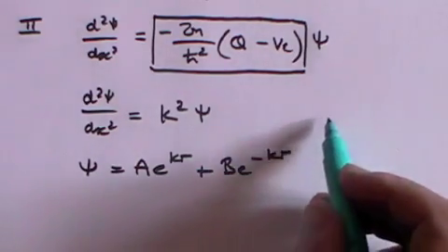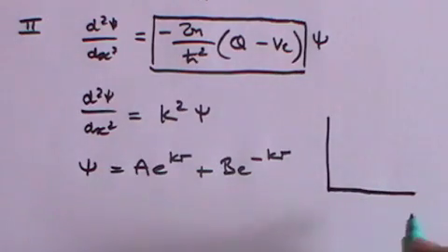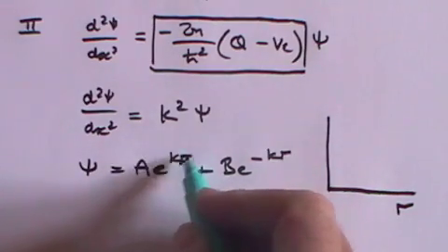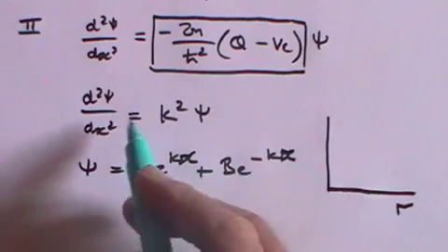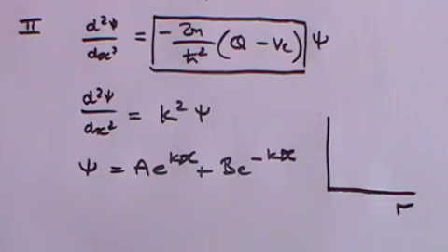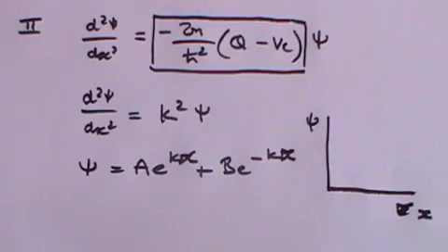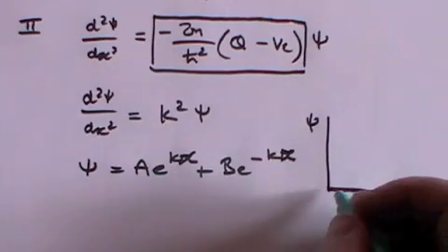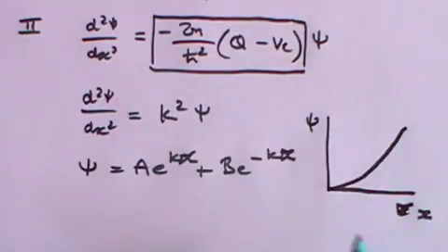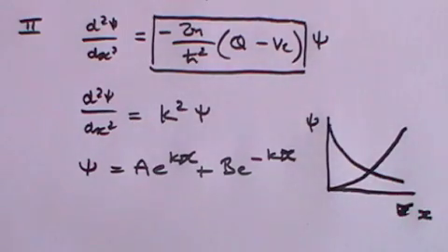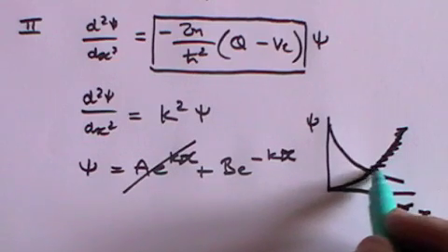So in other words, if we plot the wave function against r or x, I should have put x of course here because we are talking about d2 psi by dx squared, so we're plotting the wave function against x, then this exponential term would increase like that, and this exponential decrease would decrease like that. Now what we've always done in the past is to say we can't have the exponentially increasing term.